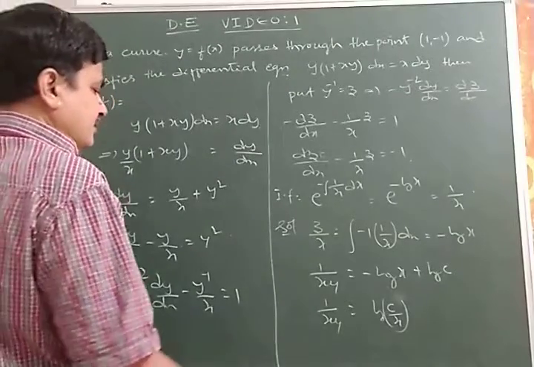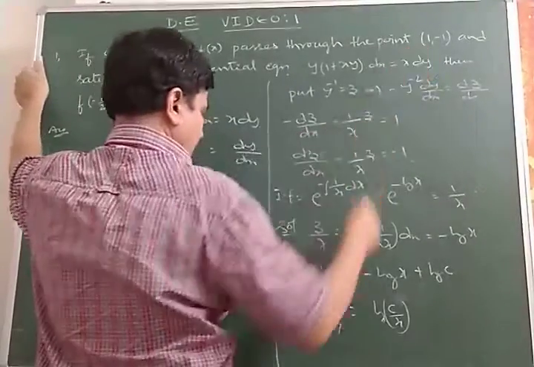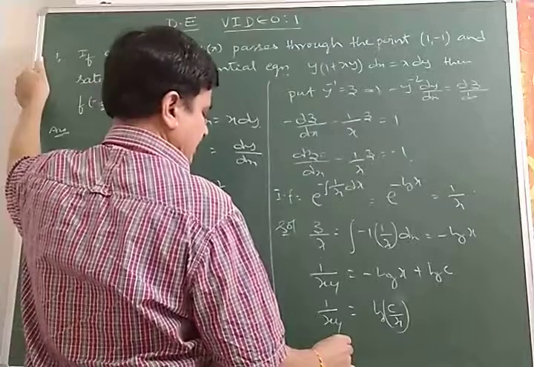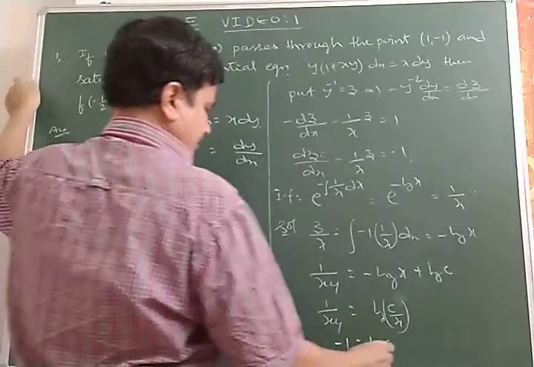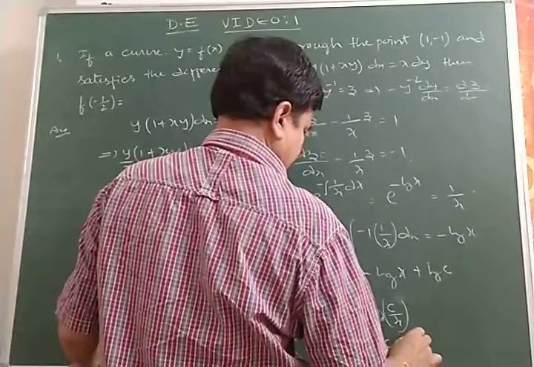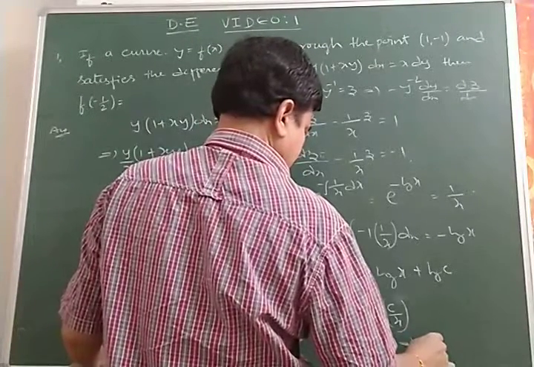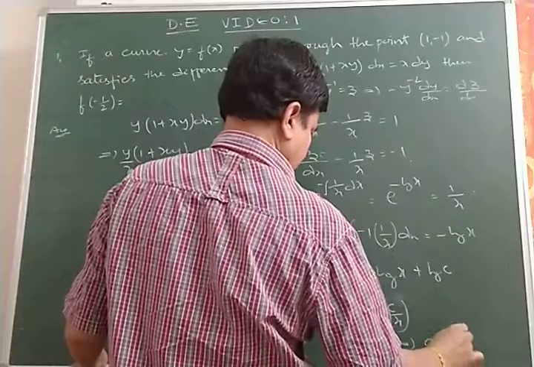When it passes through the point (1, -1), minus 1 is equal to log c. That means c is equal to 1 by e.